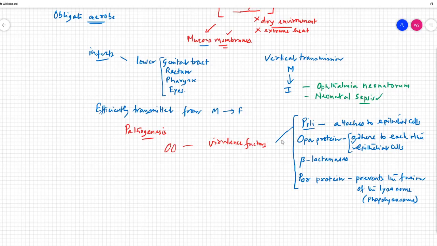So that is a problem again, and immunological drugs are not very effective. So that is the pathogenesis.